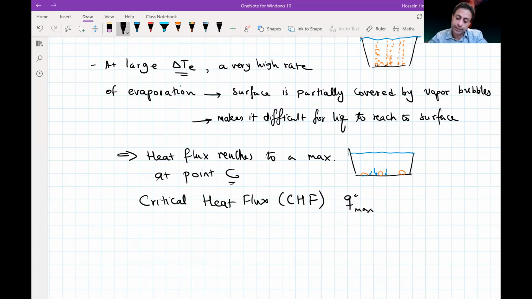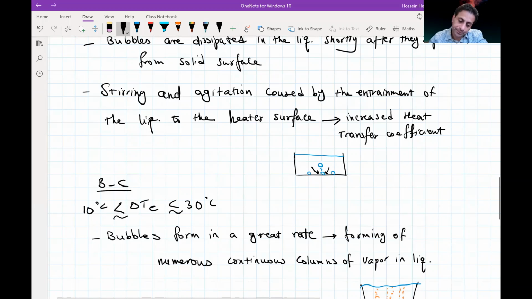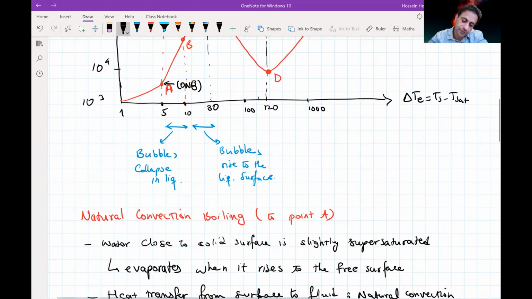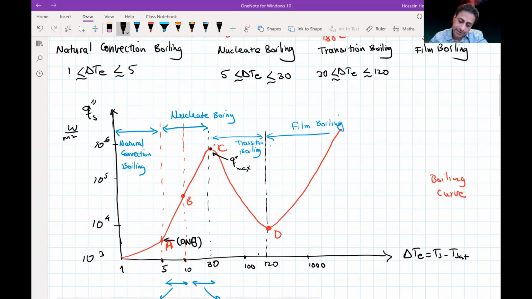Nucleate boiling, the region between 5 and 30 degrees C of excess temperature, is the most desirable mode of pool boiling. The reason is that a high heat transfer rate can be achieved with a relatively low delta T excess, less than 30 degrees C. The whole point here is to deliver heat to the liquid so it can turn to vapor.